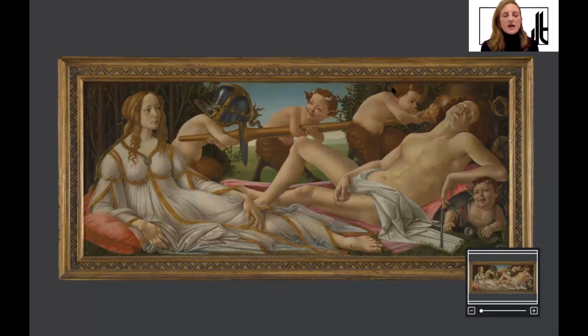One of his brothers was given the nickname Botticello, and this is a nickname that was taken up by Alessandro di Mariano di Filippeppi, which is Botticelli's full name. Alessandro was shortened to Sandro, so it became Sandro Botticelli, i.e. of the Botticellos. And Botticello means little barrel or wine cask. And I think this was a reference to his brother's size.